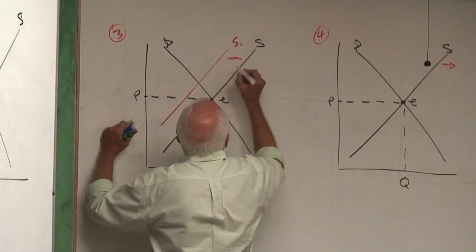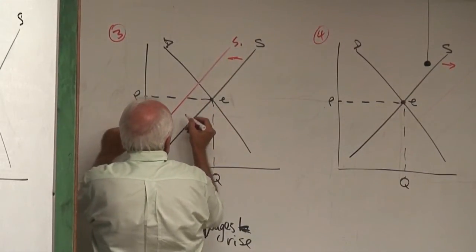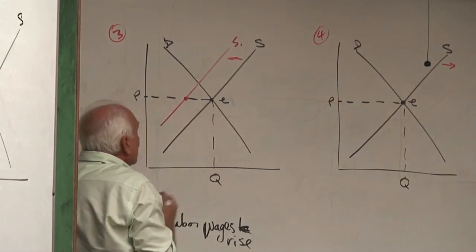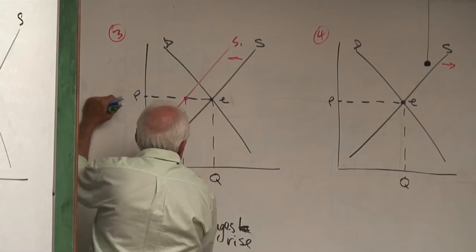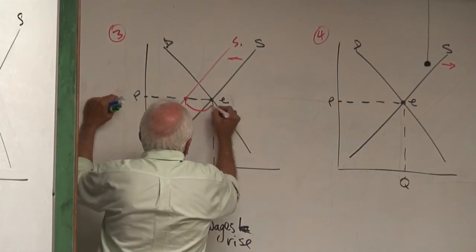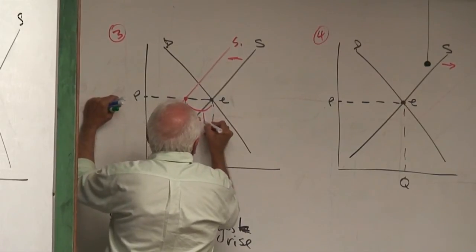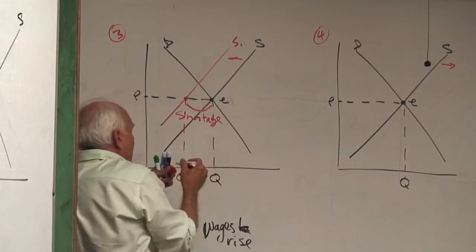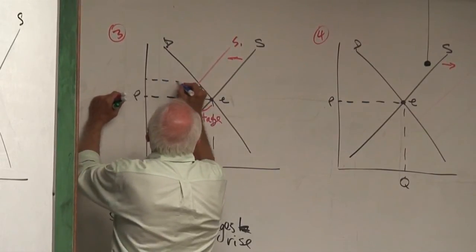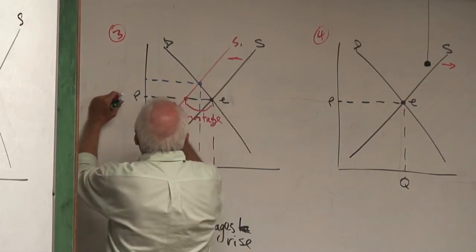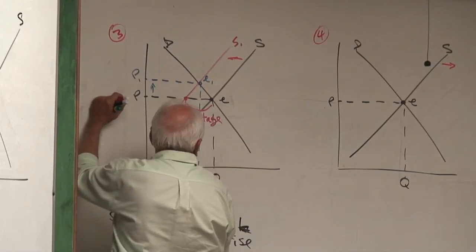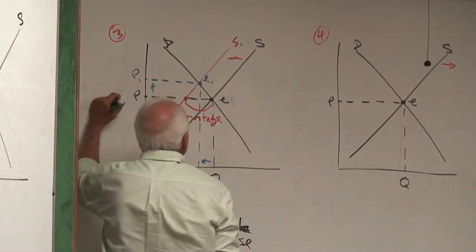And they say, okay, well, if that occurs, then producers are not going to be able to produce as much at that price because their costs have gone up. So the quantity that they're able to supply is less at that price. And so that leaves them with a shortage at that price. So as soon as it happens, they start to bid the price up to cover their rising costs. So at a new higher price, the equilibrium has shifted and the quantity that they're able to produce is less than before.